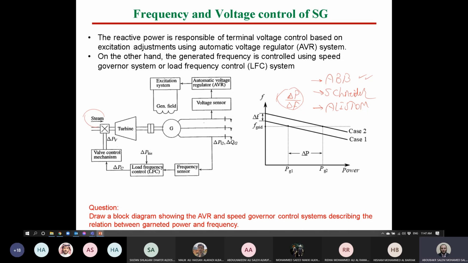There are lots of techniques to control the different types of machines. One of the most preferred techniques in industry now is made by the ABB company, called direct torque control, DTC. Also it's based on variable frequency, variable voltage control. It changes the voltage and frequency of the AC drive system in order to control the speed of AC machines.